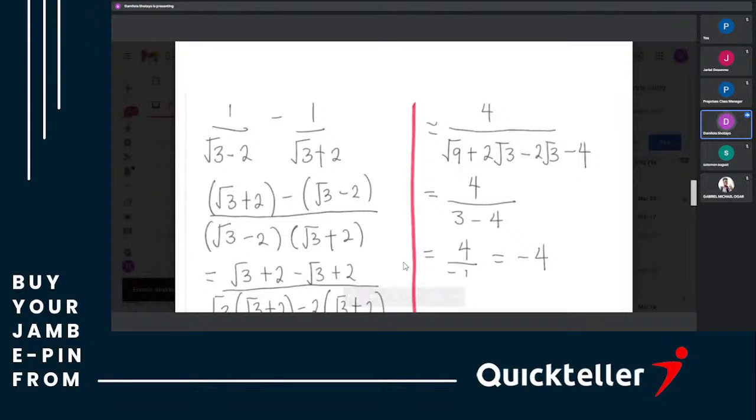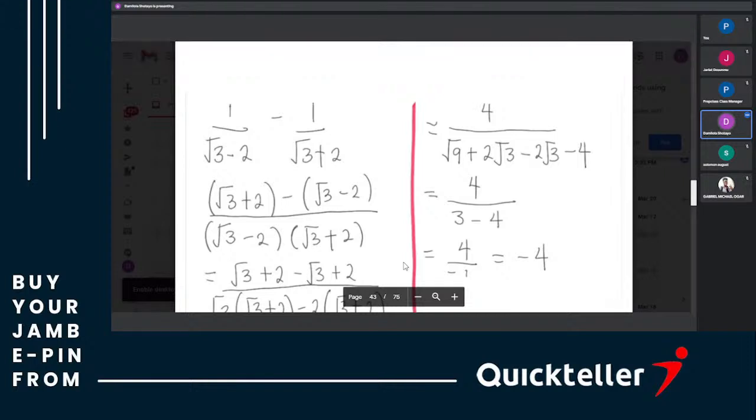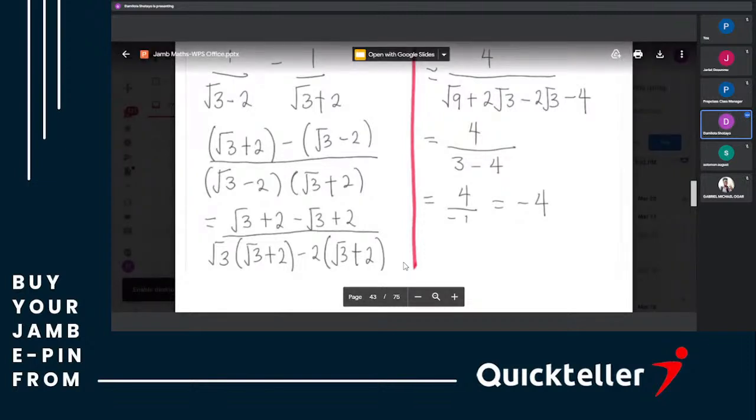If I did not put this bracket, I would be getting minus root 3 minus 2, which is an error. So you must secure it with a bracket, and that will become root 3 plus 2 plus 2 minus root 3 plus 2, all divided by the one below, expanding below.